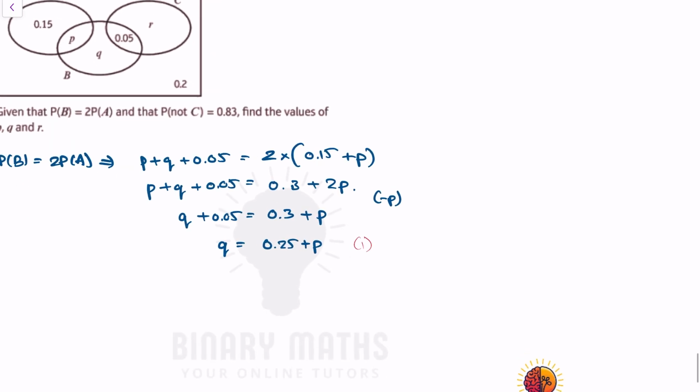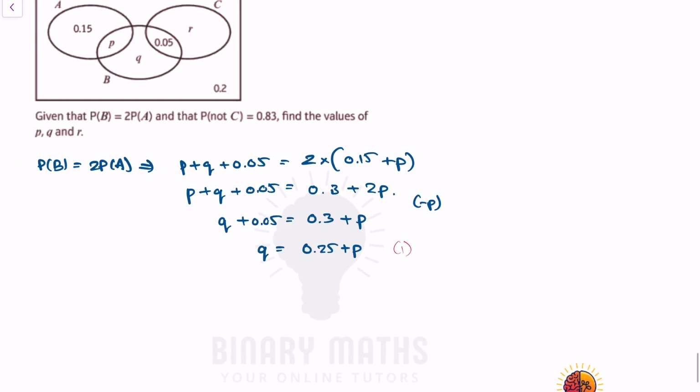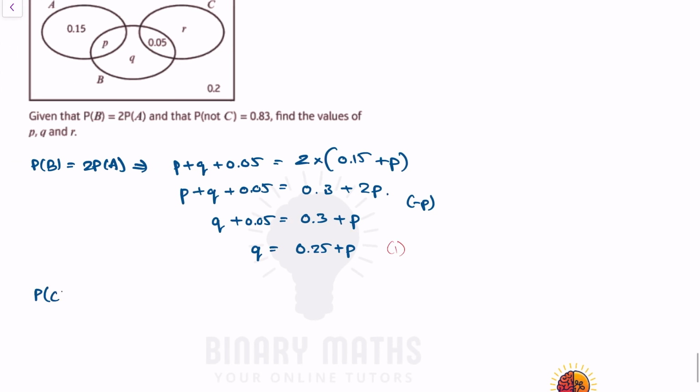Okay, probability of not C. Probability of not C is equal to 0.83.